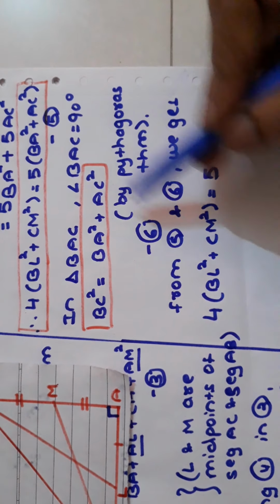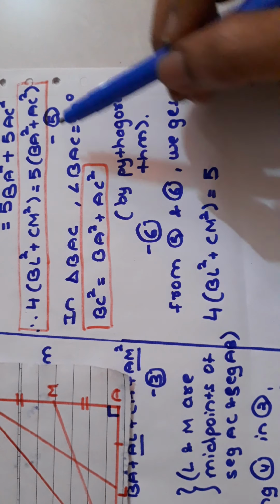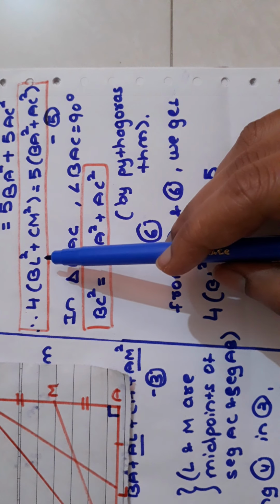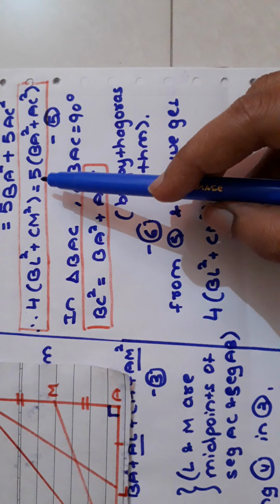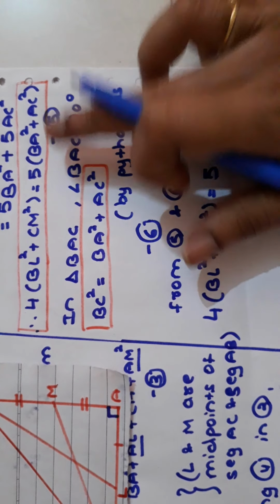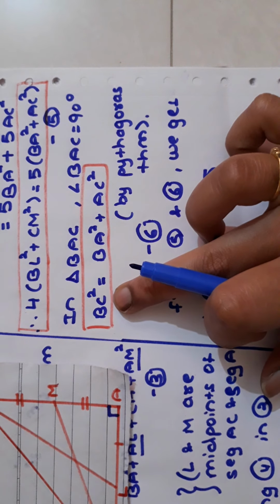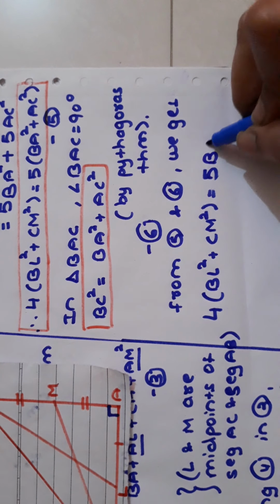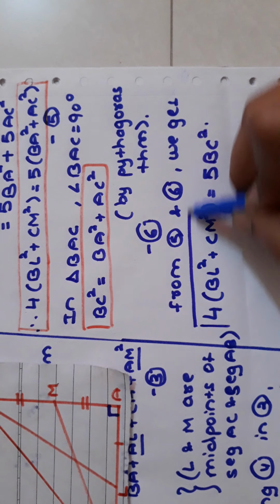So substitute 6 in 5. 4 times BL square plus CM square is equal to 5 times, in place of BA square plus AC square, we substitute BC square. So this is what we need.